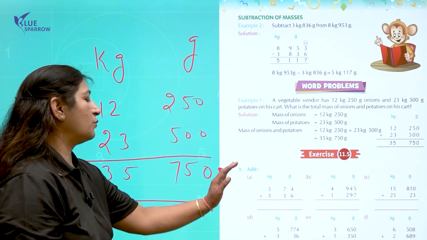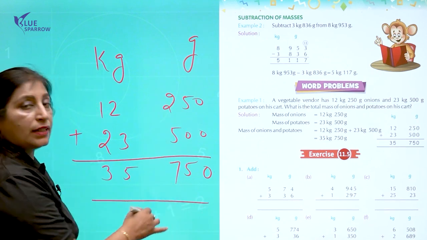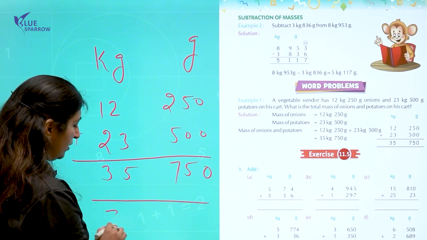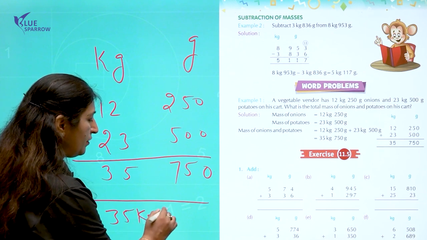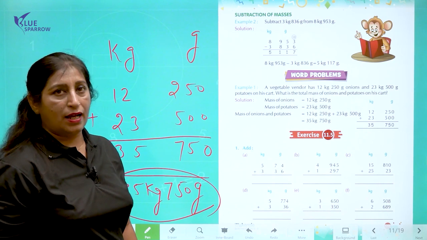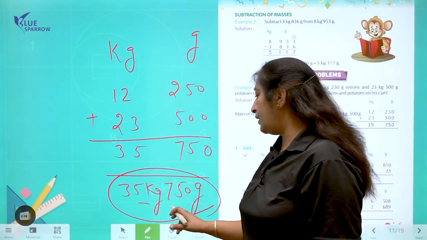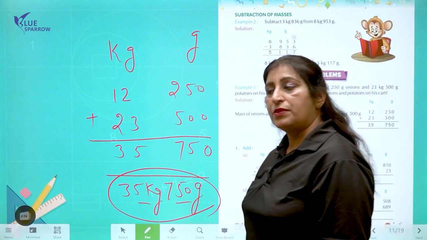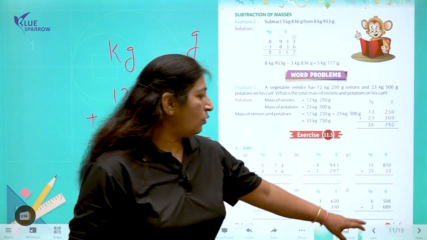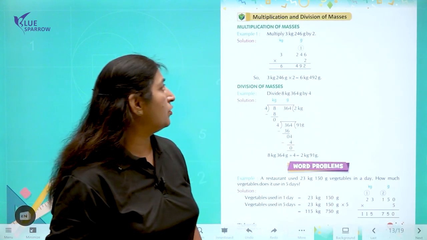No need to write grams over here because gram is written over the column. So the total mass that the vendor was having in his cart was 35 kilogram 750 grams. Now you can solve exercise 11.5 in your books or in your notebooks.